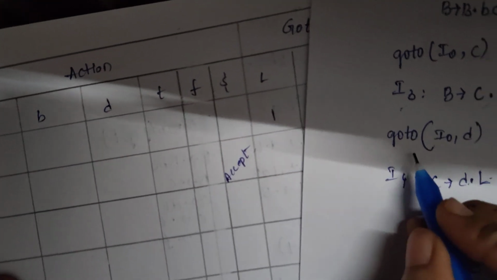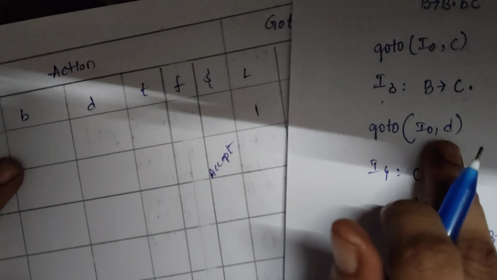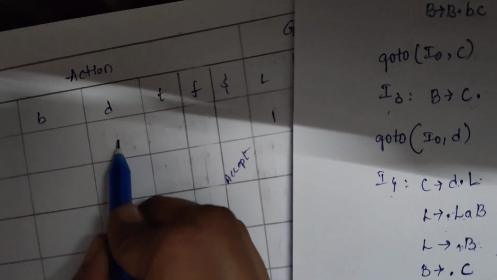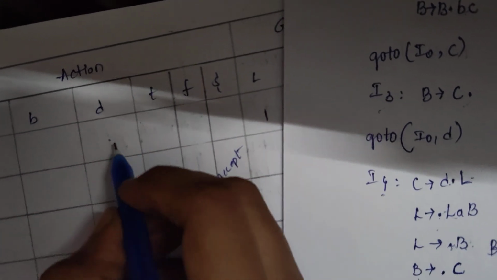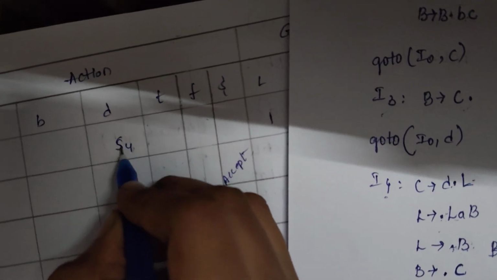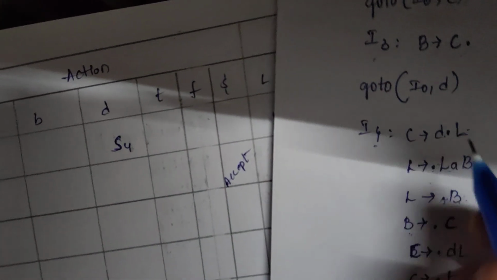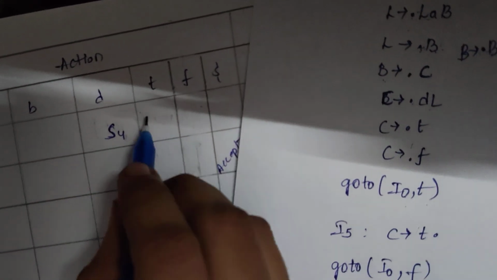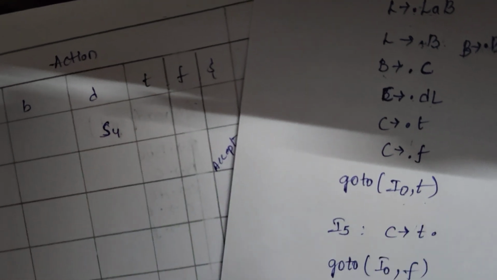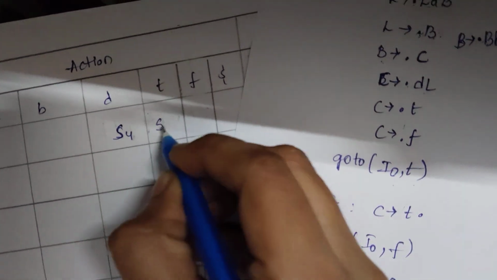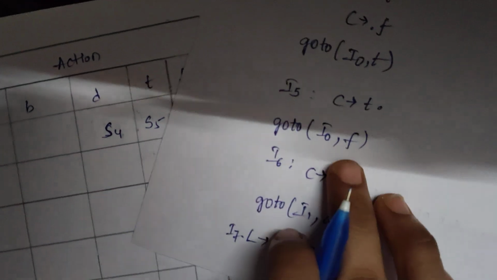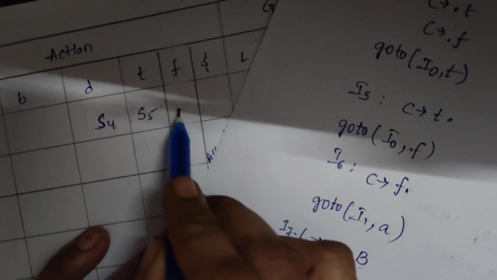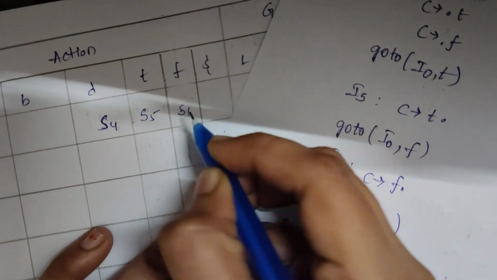Next, 0 comma small d means in the terminals. You need to write 4 means S4. For terminals you will write S. Okay. Next, go to 0 comma T. In 0 comma T you just need to write 5 means S5. Next, go to 0 comma F. In place of 0 comma F means here you need to write S6.